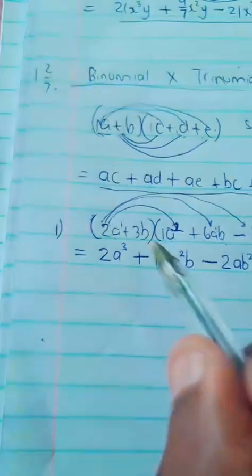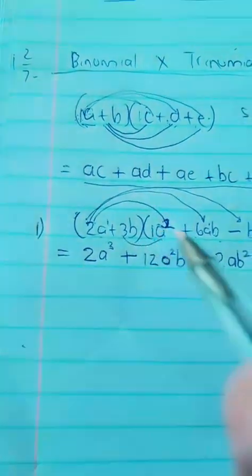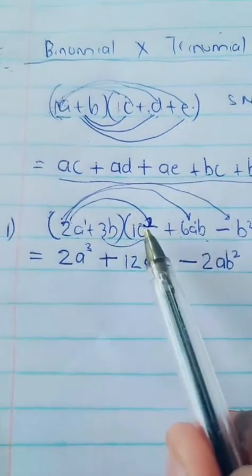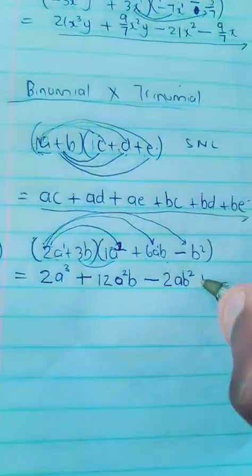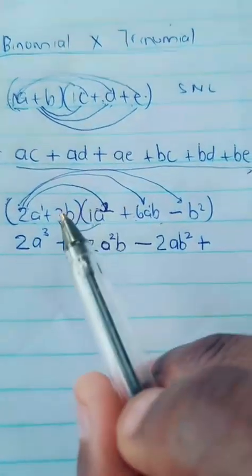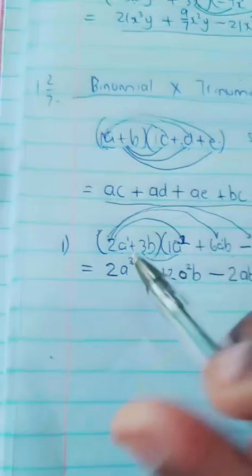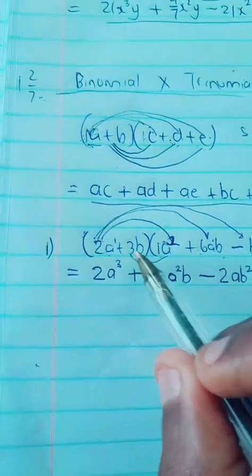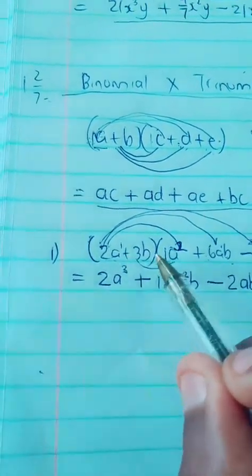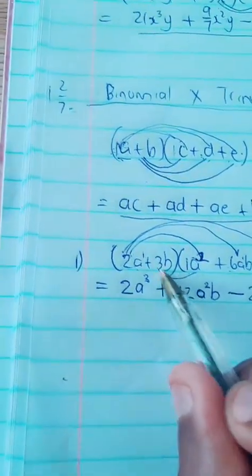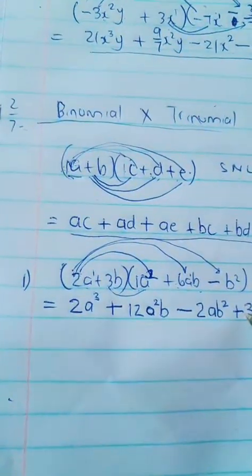Okay, so far 2a, when we distributed it to 3 terms, we have 3 terms. Now we move on and we take 3b and distribute it to the 3 terms. So once again, sign, number, letter. Positive times a positive gives us a positive. Number 3 times 1 is 3.